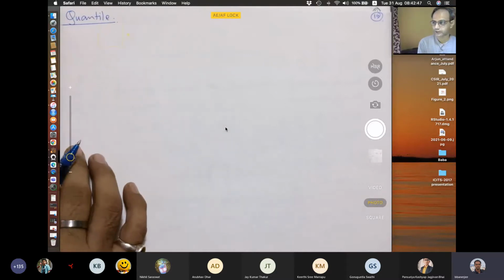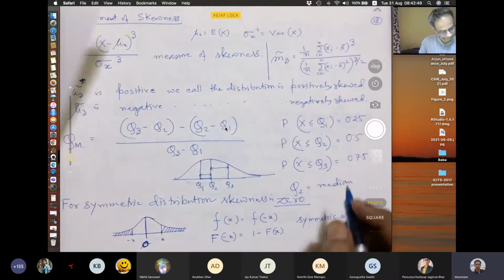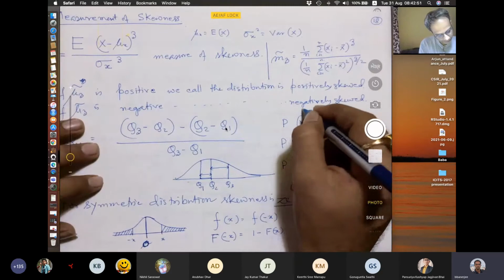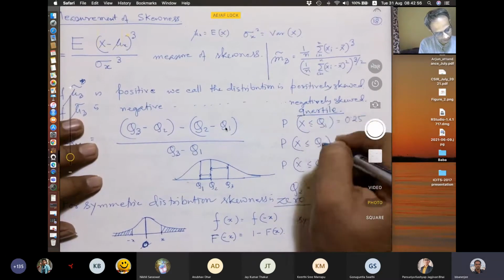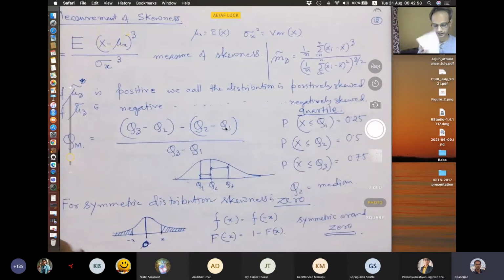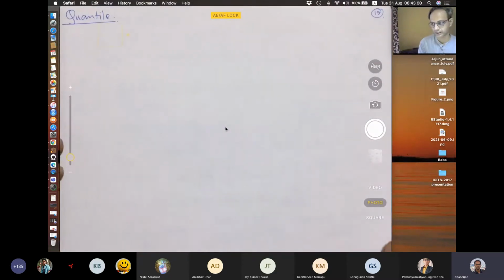These are quartiles, that means quarter 1, quarter 2, quarter 3, and these are quantiles, from quantity.